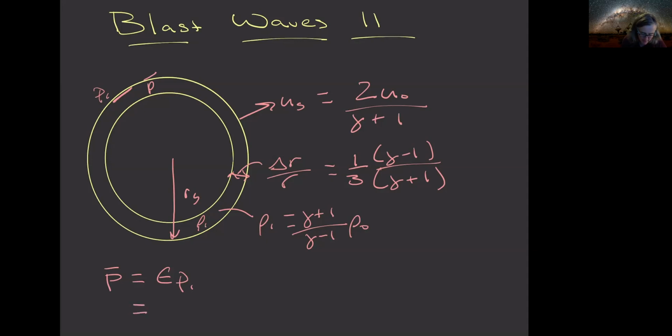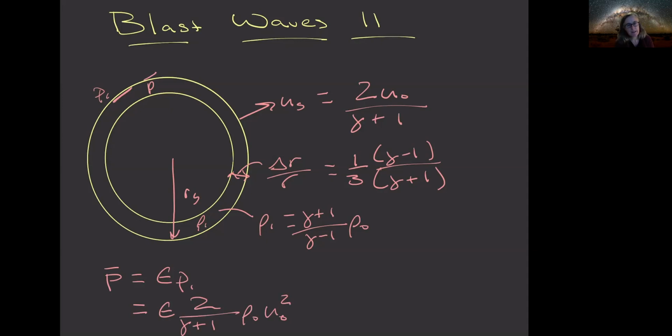And we can relate that back to P0, the exterior pressure, the pressure before the shock passes over, because we know that from Rankine-Hugoniot conditions. And so we can say that epsilon times 2 over gamma plus 1 rho 0 u0 squared is the mean pressure inside.